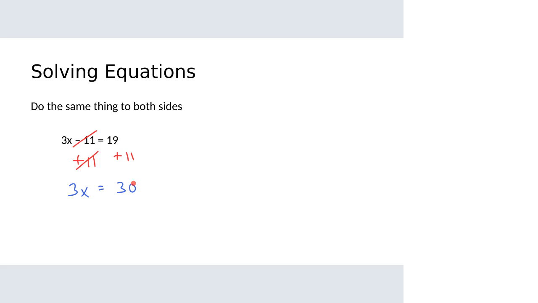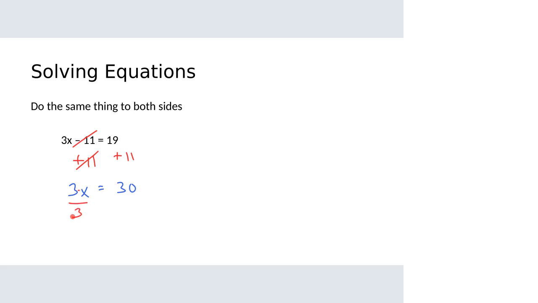Since I asked about the last one, I'll ask about this one too. Now we're down to just that term 3x. But keep in mind, we are trying to get x by itself. What do we need to do to make 3 times x? How are we going to get that multiplying by 3 to go away? And very good, Nicole.